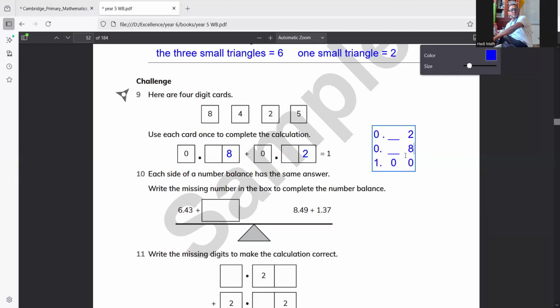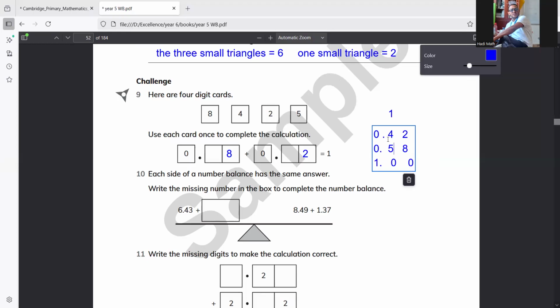You write the 0 and you carry over the 1. Now those two numbers, with the 1, you need them to give you 10, so those two numbers should give you 9. This can be 4 and this one can be 5.